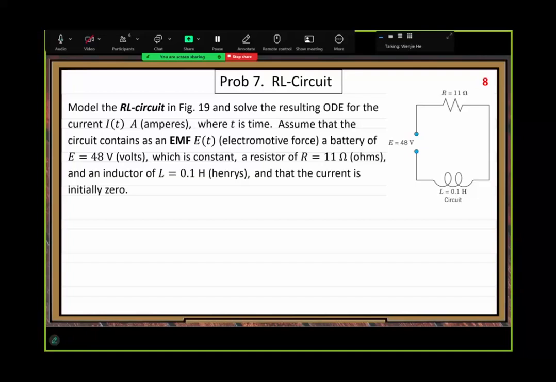I of t changes. At 0 it is 0, but after you connect it, it will be non-zero. It will change as a function of time. We need to find that function of I. That's the question.